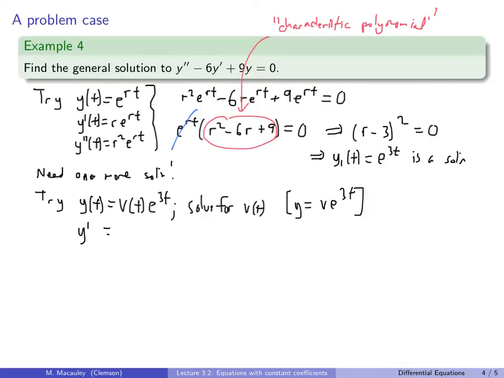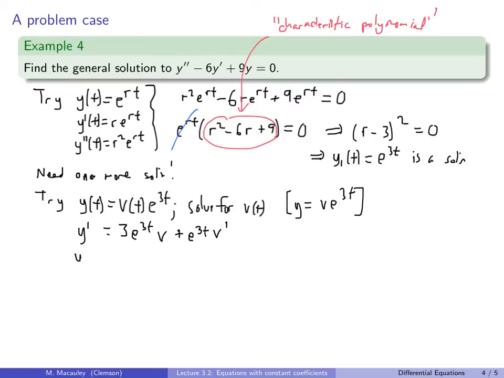So for y prime, we've got to use the product rule: it's 3 e to the 3t times v plus e to the 3t times v prime, using the product rule.